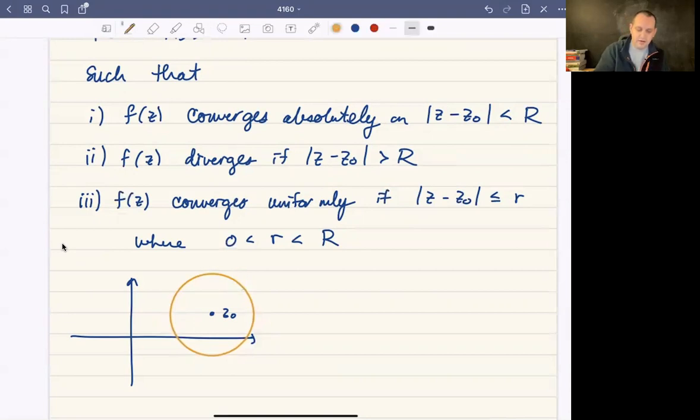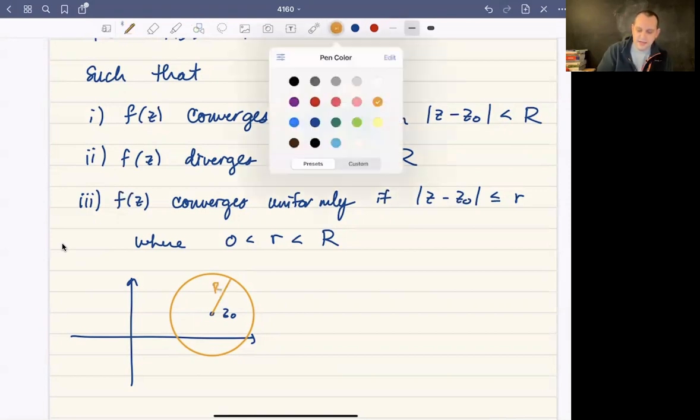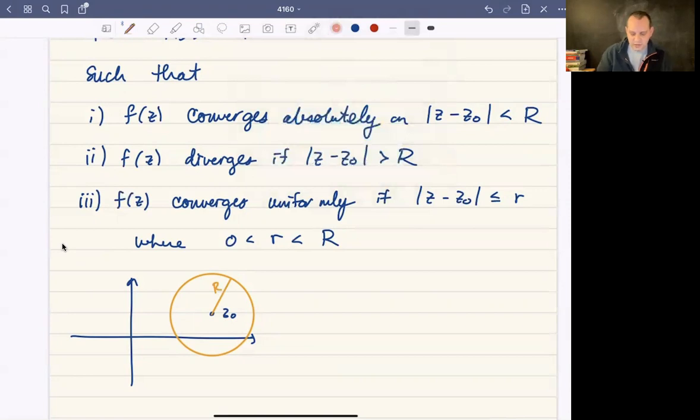So let's call this distance here R. And what this theorem is saying is that inside the radius of convergence, it's going to converge absolutely. So for the pink values that I just drew, you get absolute convergence.